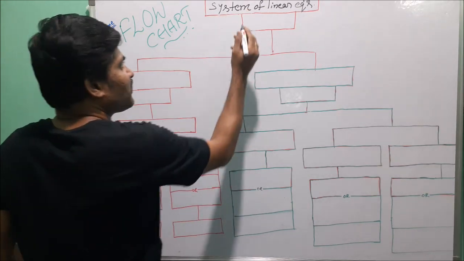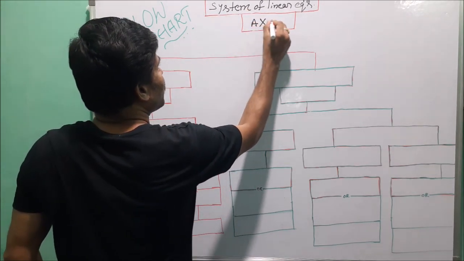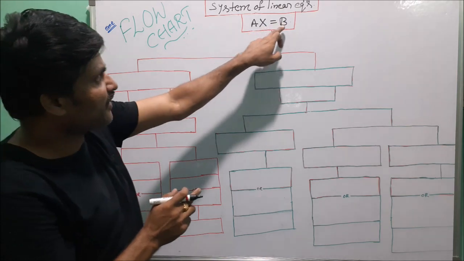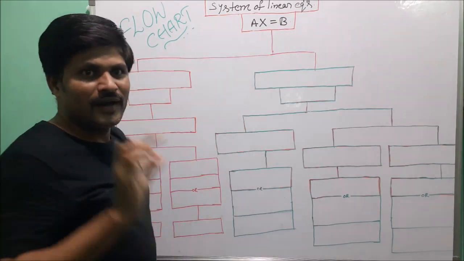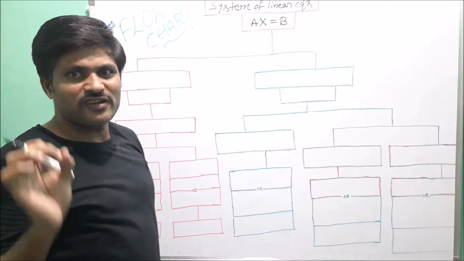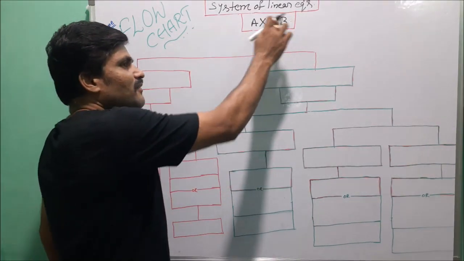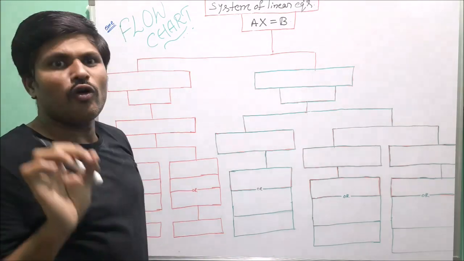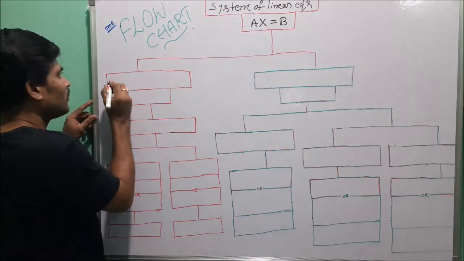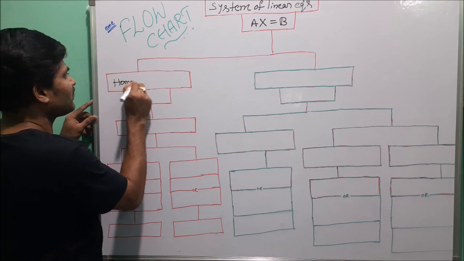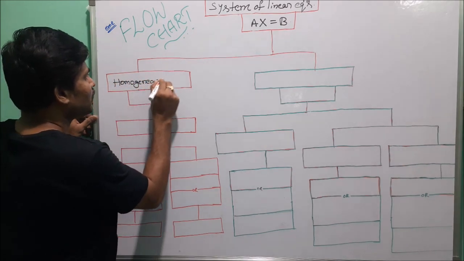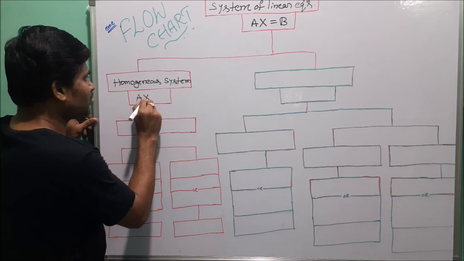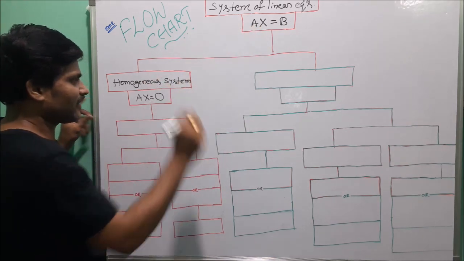Here the matrix form of this system is Ax equals B. Next, in this matrix form, if the constant matrix B equals the null matrix or zero matrix, that means each and every element of the constant matrix equals 0, then that system is called a homogeneous linear system.